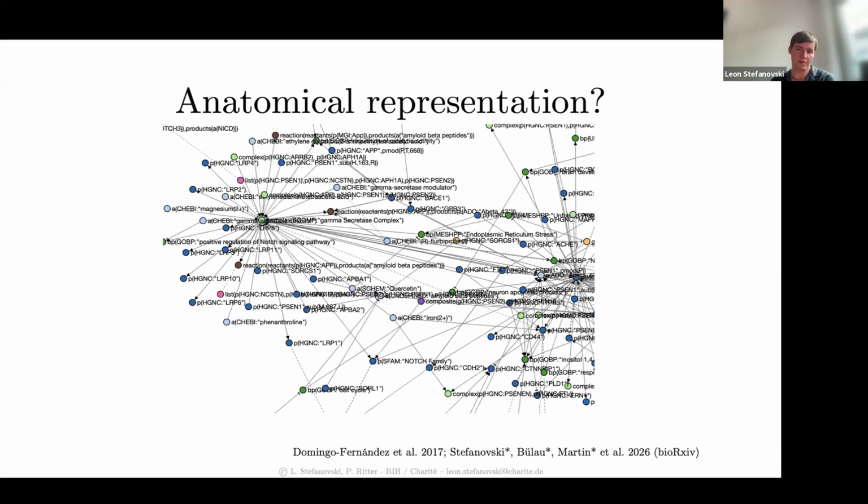It's in the form of a graph, or in that case, actually even an ontology, so a graph with logical rules added to it. The problem is when we want to use this knowledge in a brain simulation, we are missing the spatial information. We know that one gene influences the other, but we don't know where exactly this is happening. And this is often a crucial problem.